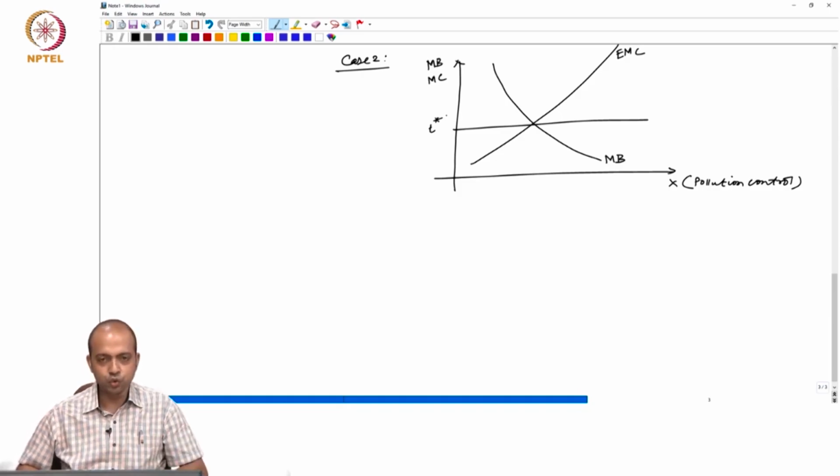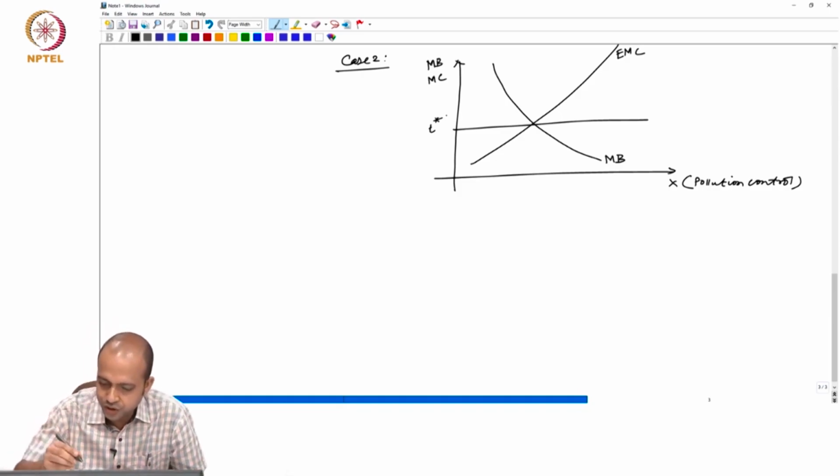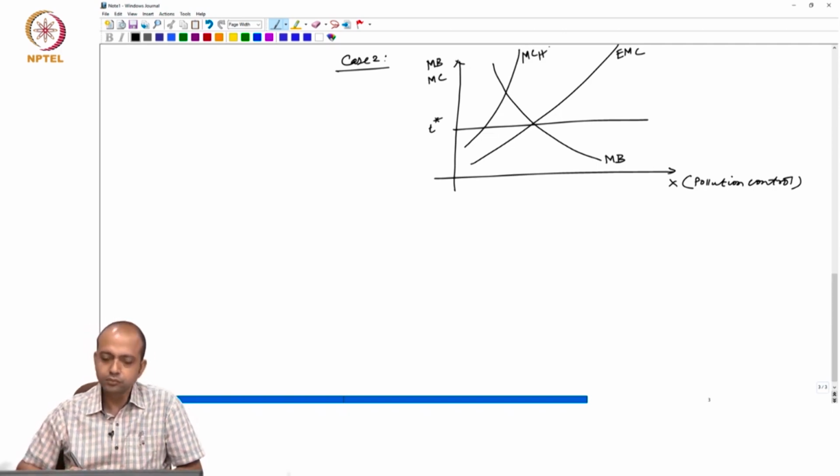Then we will assume the actual marginal cost. Let us now say this is higher than the expected one. Let us say this is MC H. Where is the private optima?